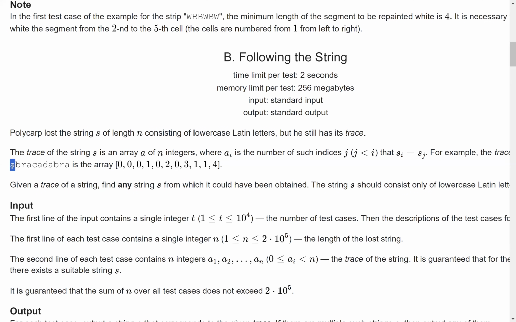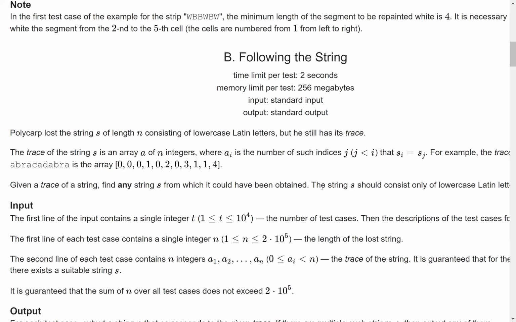For index 0, there is no character on the left of this a which is equal to a, so at this position you will have a 0. Then for b, there is no character on the left side of b which is equal to b, so again there is a 0. Similarly for r. Now for this a on the fourth index, there is only one character available on the left side which is equal to itself, that is this a, so we have a 1 here. And similarly, you can check for all of the indices.